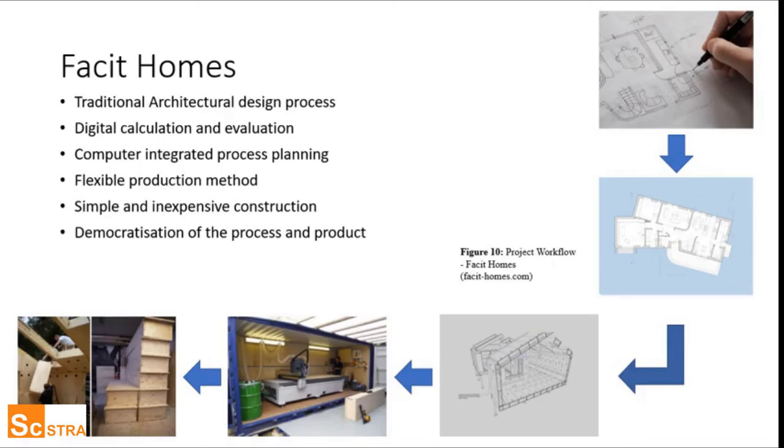We know that modularity is one of the main factors allowing mass customization of projects. This team uses modular system in their projects, and dimensions and shapes of the modules enable them to be extremely flexible and creative with the buildings that they design and build.